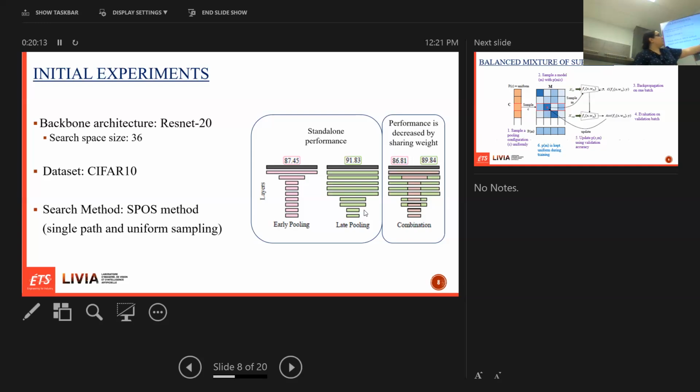If we take two different pooling configurations, one of them does early pooling and one of them does late pooling, and we compare the standalone performance with the performance when we have weight sharing among those two architectures, we see that the performance of both of them degrades a lot. So it confirms that this problem still exists in our search space.